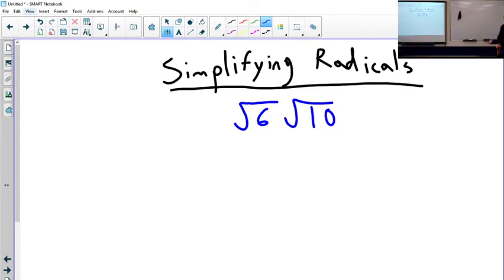So first off, sorry, there's no perfect squares to be found here. So this should be square root of 60, right? 6 times 10. So multiply inside the square root, and then see if square root of 60 can be simplified.